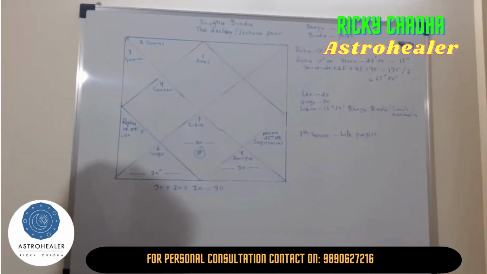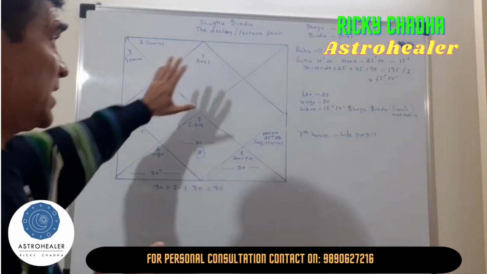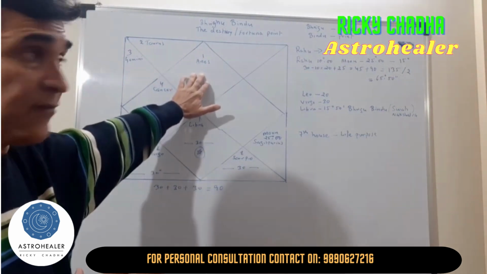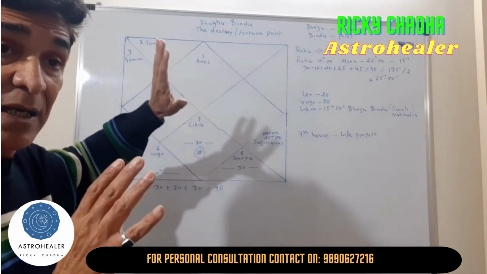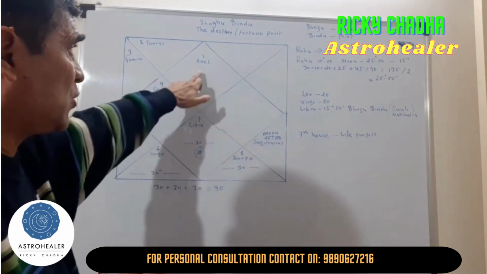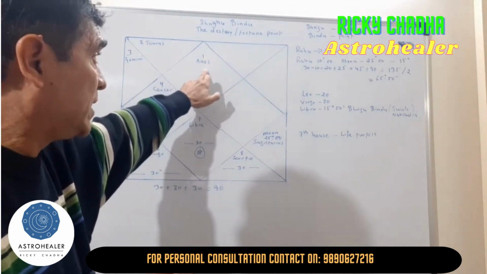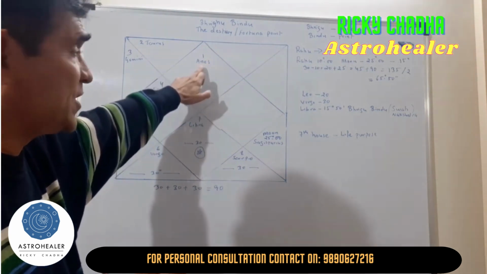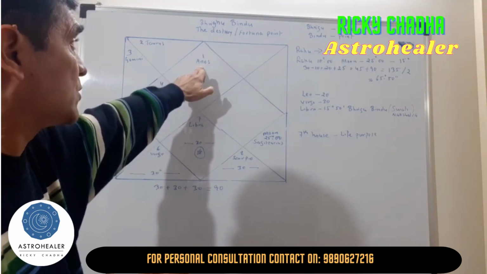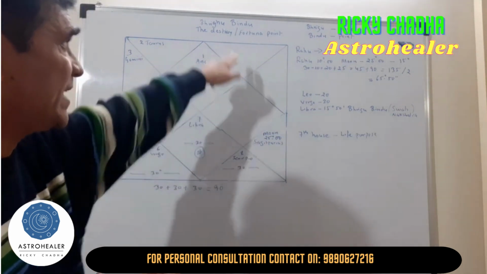This is a very common chart, which I call a Kal Sarp Kundli, where I always put Aries at the Lagna, because it is the first sign. So Aries, Taurus, Gemini, Cancer and so on, right up till here.